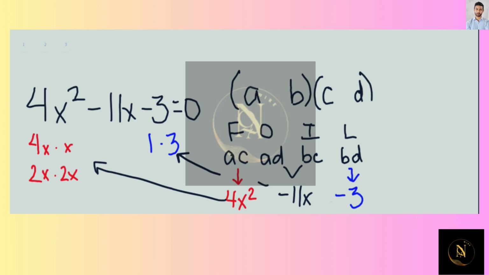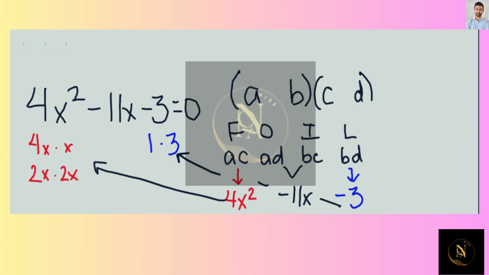Next to the quadratic equation, I have the FOIL pattern, or the factor pattern. The first two terms that we're going to multiply are the a term and the c term. The last two are the b and the d.